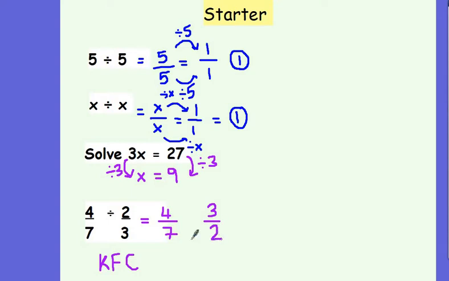And I change my sign from a division to a multiply. 4 times 3 gives me what, Josh? 12, very nice. 7 times 2, Sophie? 14, great. I can simplify this by dividing top and bottom by 2, which will give me 6 over 7.